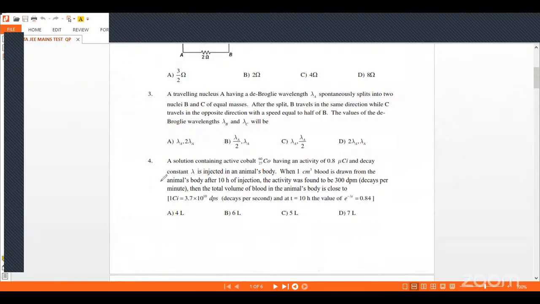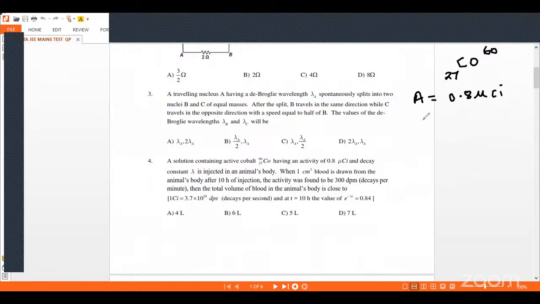Fourth one. A solution containing active cobalt, atomic number 27 and mass number 60, has an activity of 0.8 microcurie and decay constant lambda, and is injected into an animal's body.